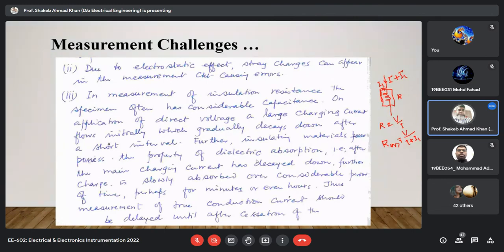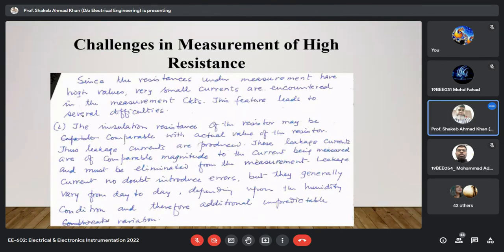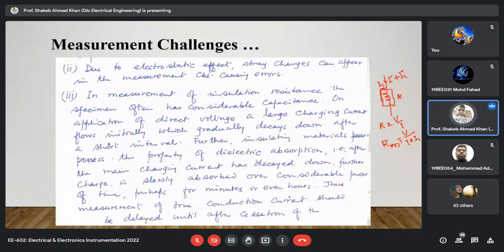So when measuring a large resistance, after connecting the source to the resistance, we are required to wait so that the initial charging current and dielectric absorption current decay down to a minimum value, or are completely over. This way the charging current and dielectric absorption current can be taken care of. But as far as leakage current is concerned, it will continue to flow, and we require special ways to take care of it.